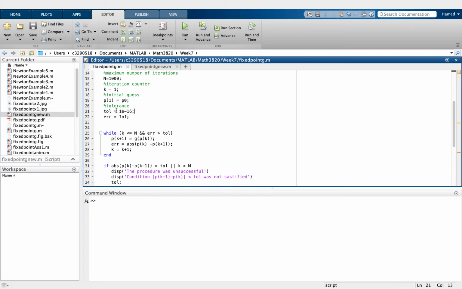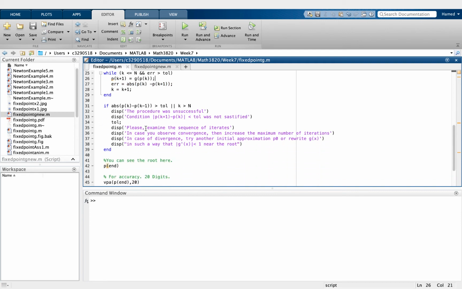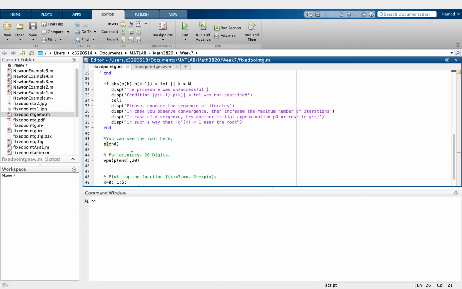Now let's go to the loop, and we will continue the loop until the error is less than the tolerance, and the error we defined is here.